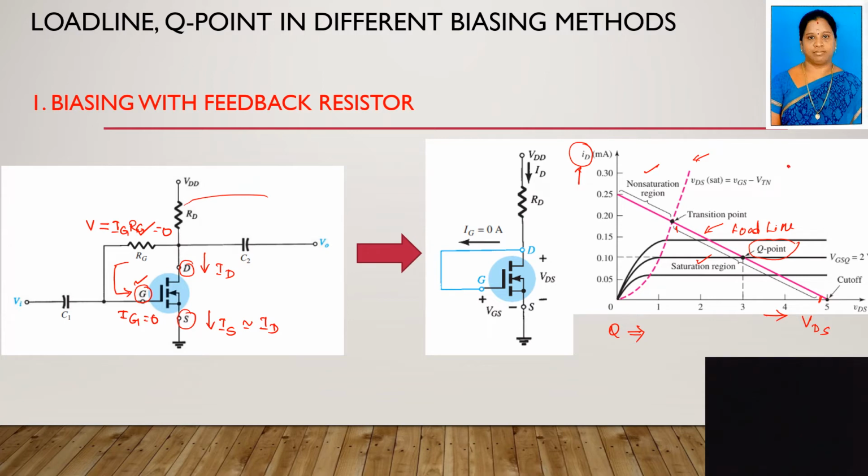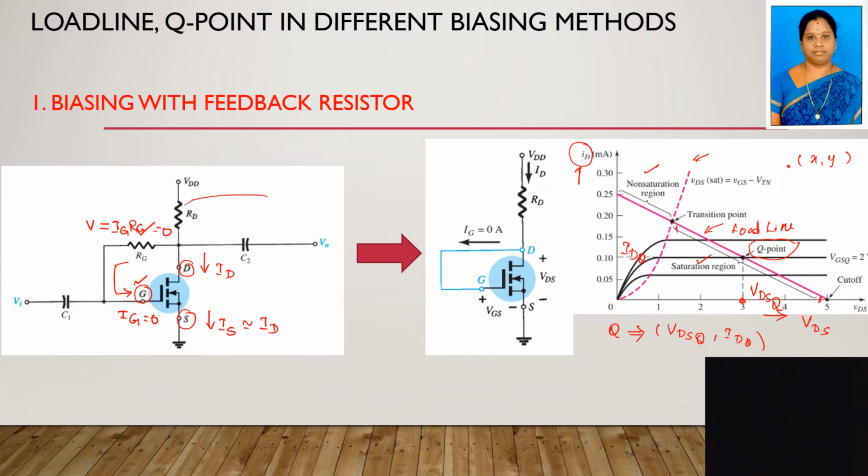Any point in two dimensions has an x as well as a y value. So at the Q point we also have two values: on the x-axis VDSQ, and on the y-axis IDQ.